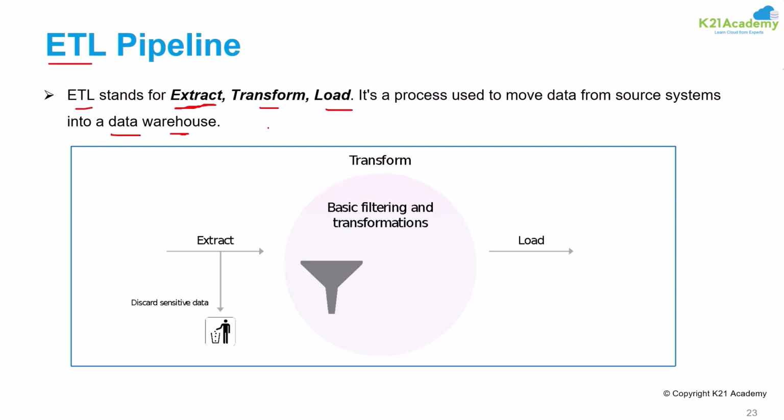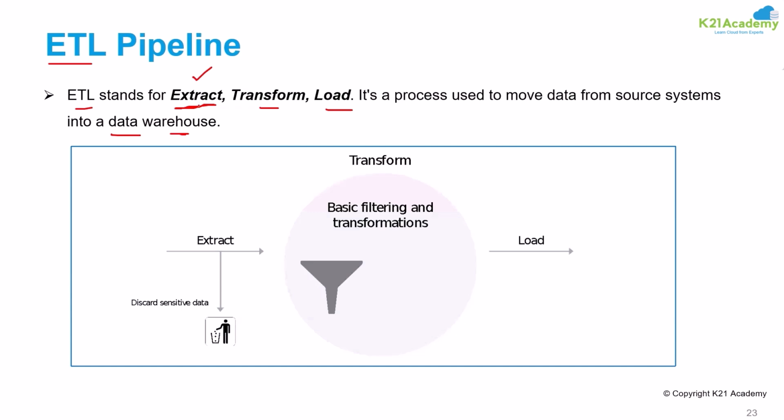From these multiple sources, the first thing to work on that data is to extract it as per our required format, or you can just focus on the value of whatever data is coming. Extract is the process to store your data in your format, in your storage locations, where you can perform some kind of operation on that.